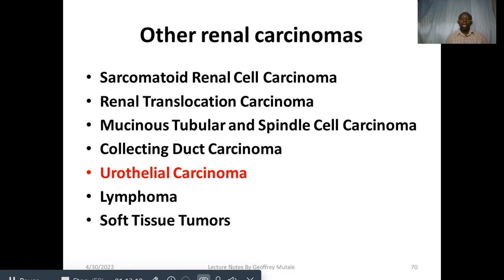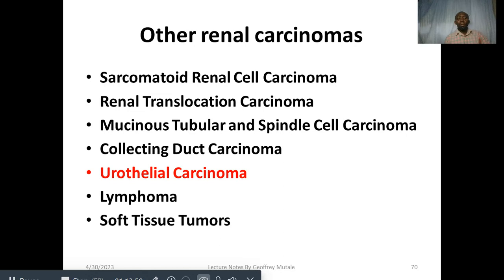So in the interest of time, we may not actually go on discussing every type of these renal carcinomas. So I've listed some of the remaining carcinomas, and I request that we find the time at our own pace to read about these other carcinomas. I highlighted this red one because I'm very sure we have covered it in our previous tutorials. We covered urothelial carcinoma with Professor Diaz, maybe, and the lymphomas also we covered some.